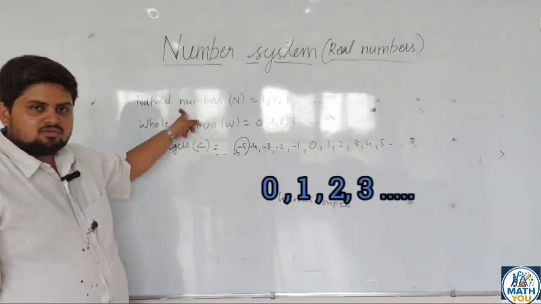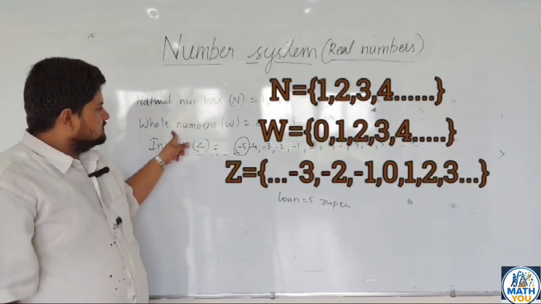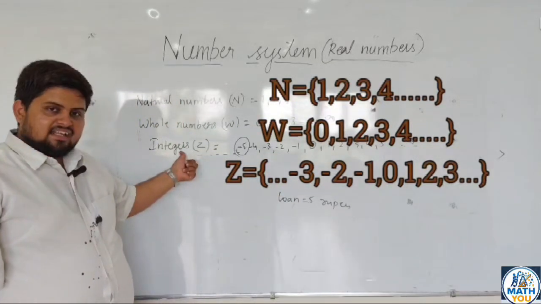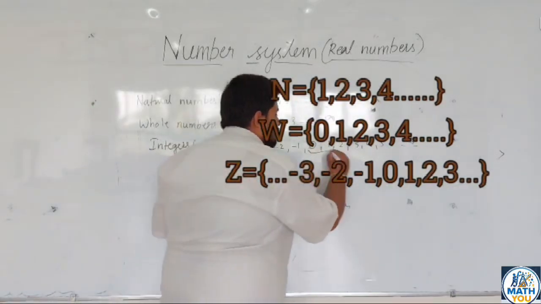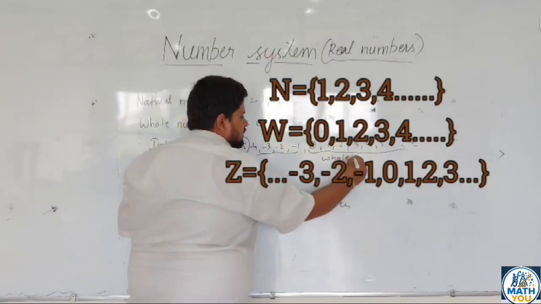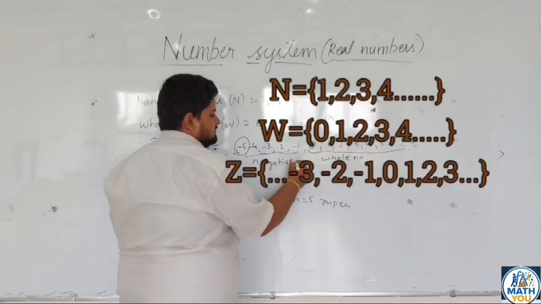So the natural numbers are those numbers which start from 1, 2, 3, 4 up to infinity. Whole numbers are the numbers which start from 0, 1, 2, 3 up to infinity. Whereas integers are the whole numbers along with negative numbers.